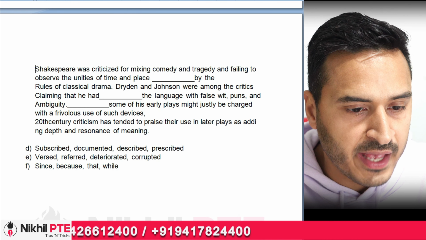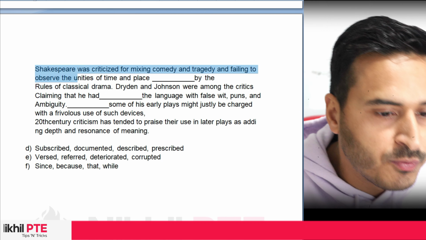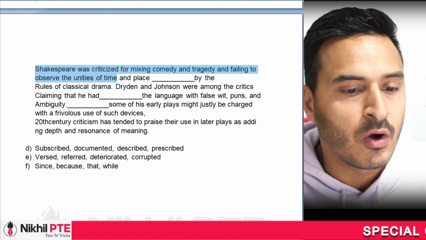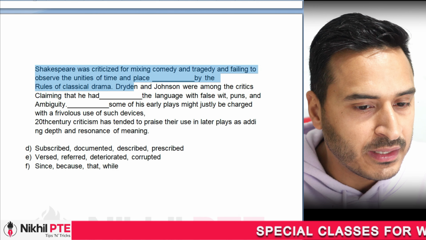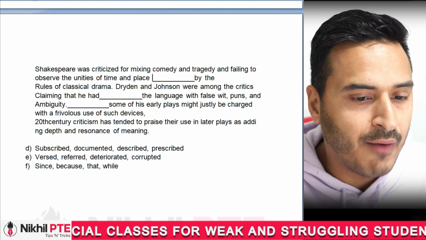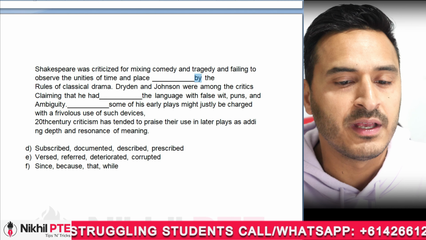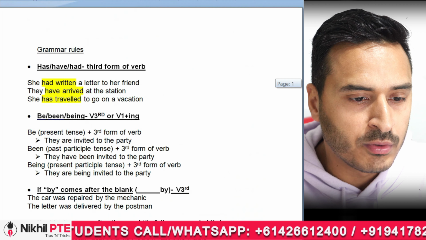Shakespeare was criticized for mixing comedy and tragedy and failing to observe the unities of time and place dash by the rules of classical drama. So here after the blank, "by" is there. So let's talk about the rule.